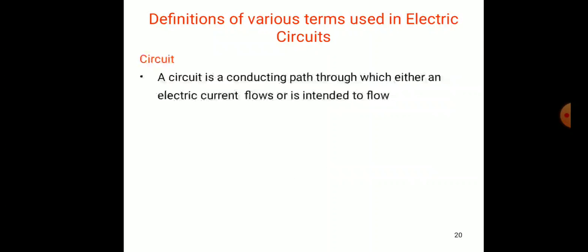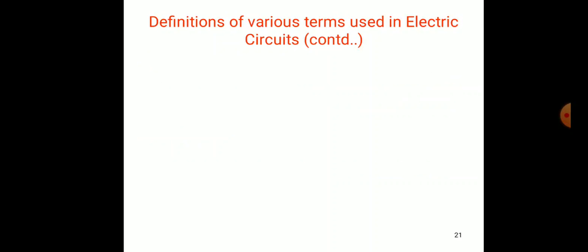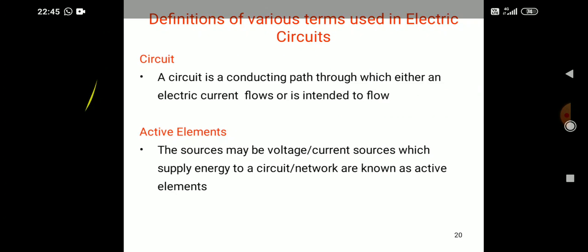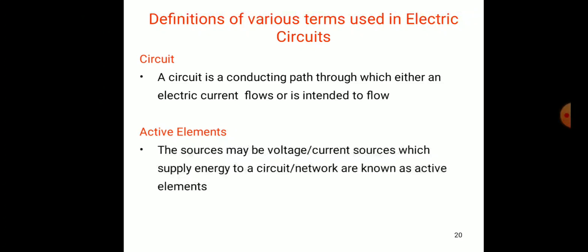So now we try to discuss the various terms used in electrical circuits. Circuit. What is a circuit? A simple definition: a circuit is a conducting path through which an electric current flows or is intended to flow.